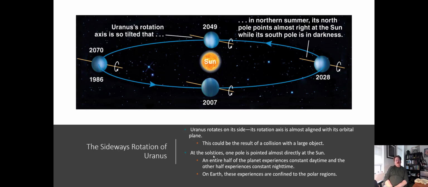Now, oddly enough, the rings around Uranus are also inclined at that 98 degrees, and so are the moons. So are the regular moons around Uranus. So whatever collision happened must have happened very early on in the formation of Uranus.